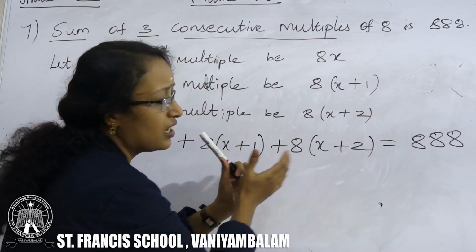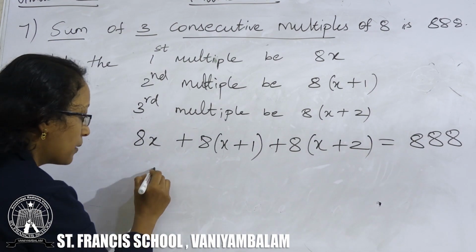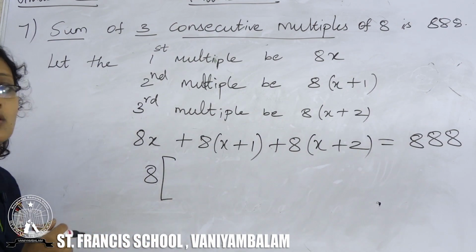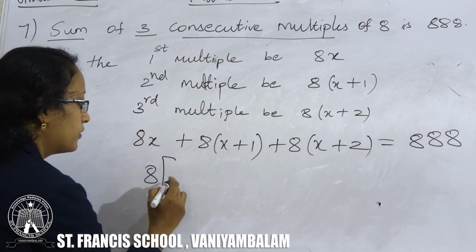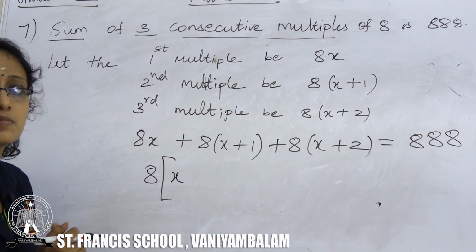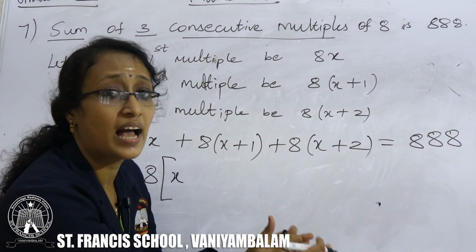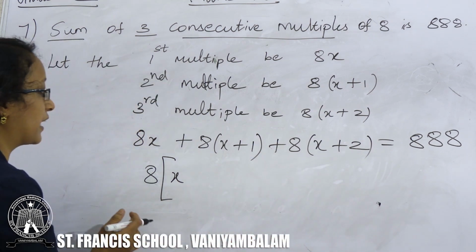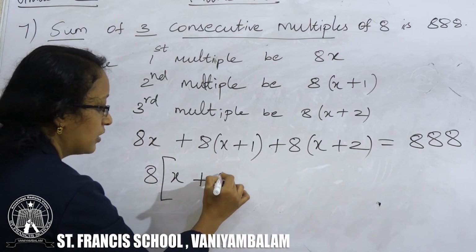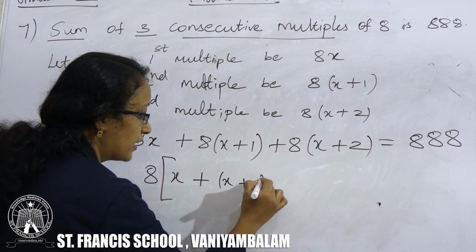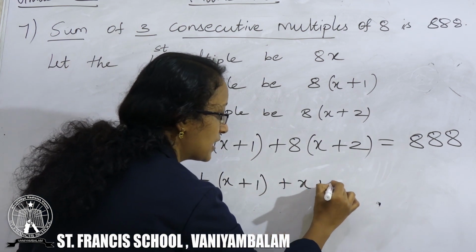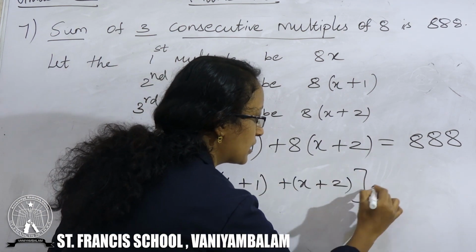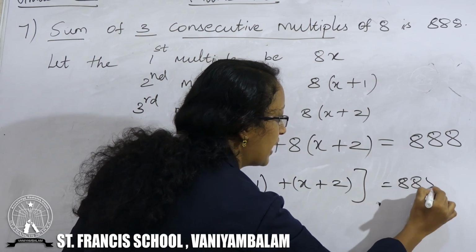What do you see common here? The common number is 8. So take out common 8. What are the factors remaining? Write them inside the brackets: x, next x plus 1, next x plus 2, equal to 888.